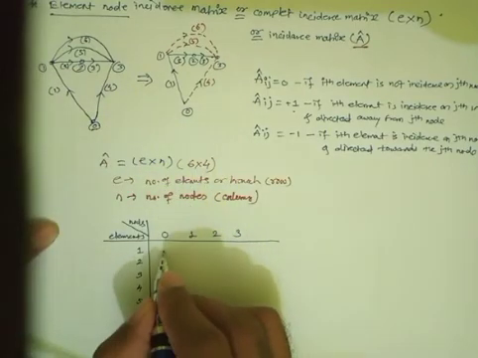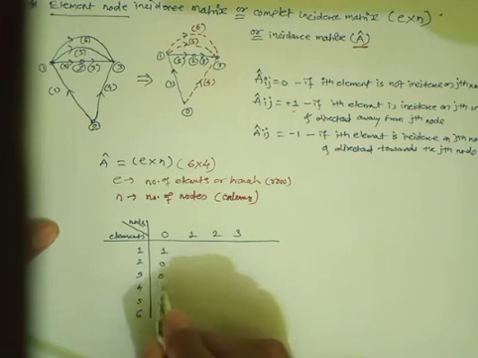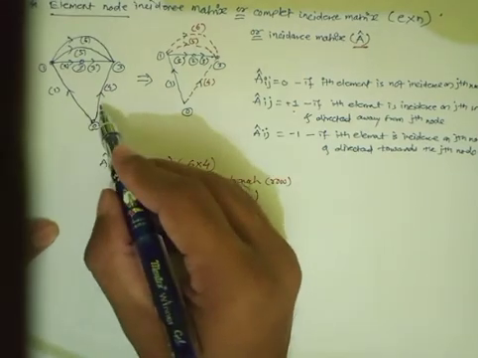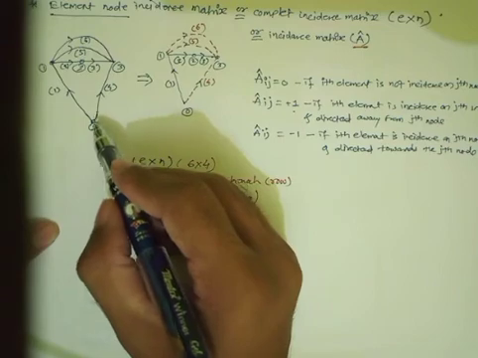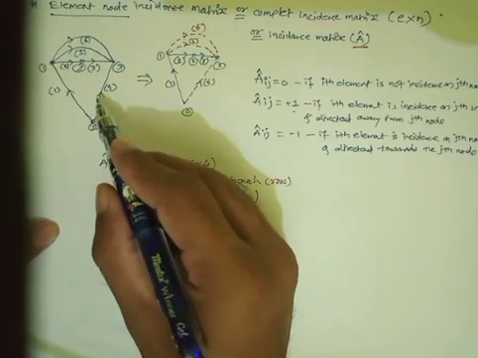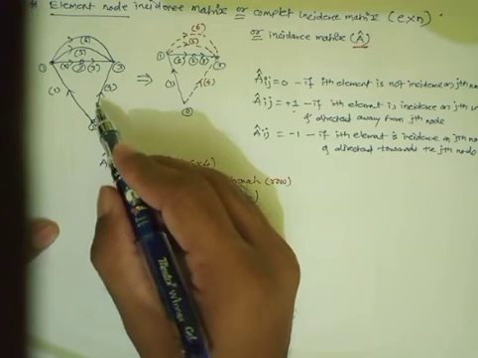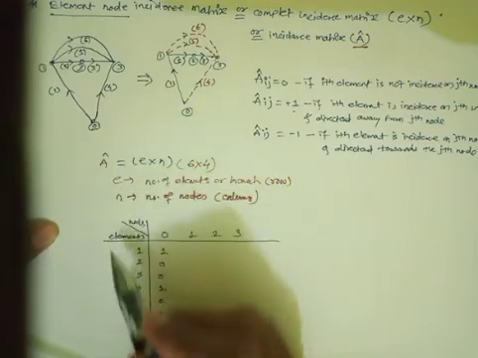So here 1 is present, so I will write 1. Branch 2 will become 0, 3 will become 0, 4 will be 1, the others will become 0. Now you can see both these branches associated with this reference node are away from this jth node, means outgoing. Away means it should be plus.